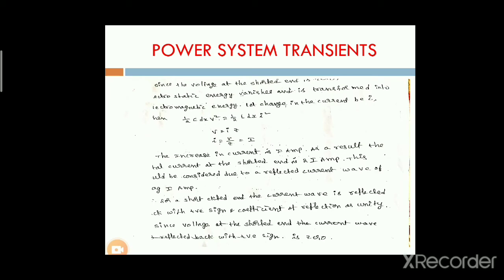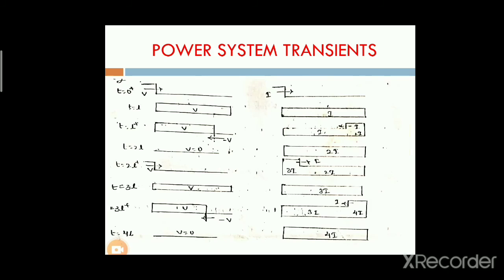The variations of voltage and currents over the line are shown in the figure. This is the variation of voltage and current obtained when the short circuit occurs in the transmission line.